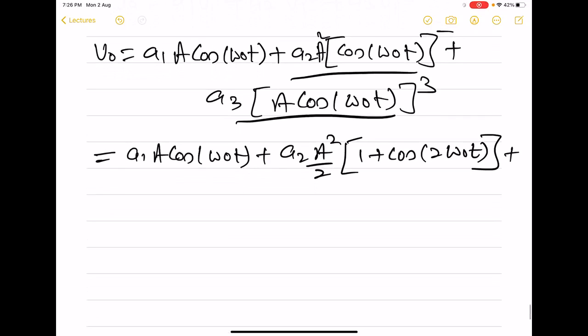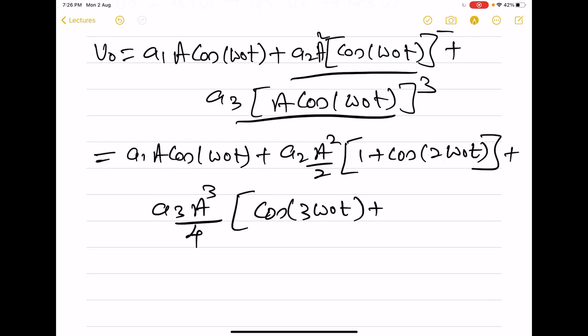And the third term will give rise to A3 A cube by 4 into cos 3 omega naught t plus 3 cos omega naught t.